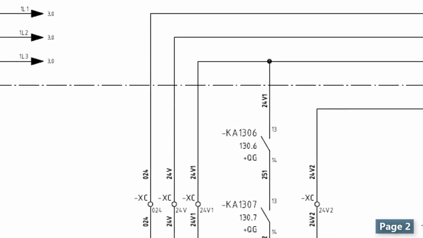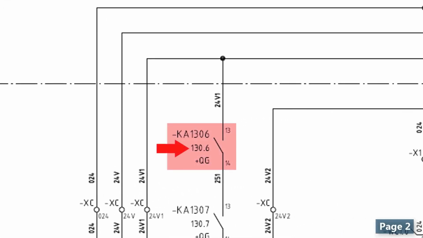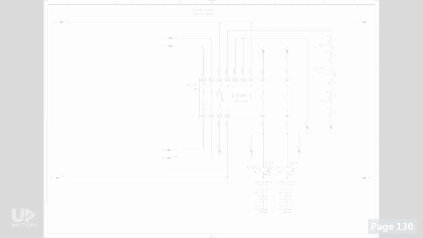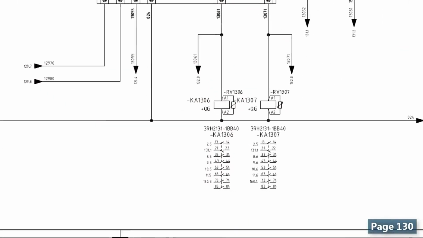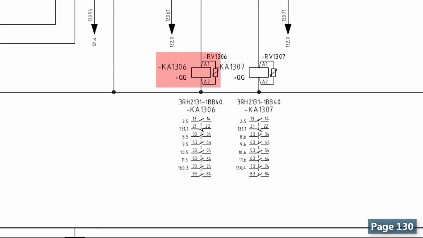As another example, the number below this contact says page number 130 and column number 6. I'll turn to page 130, and this is column number 6. And there it is, the same tag, KA1306, as we had expected. It looks like a coil, but not the coil of a contactor, the coil of a relay.